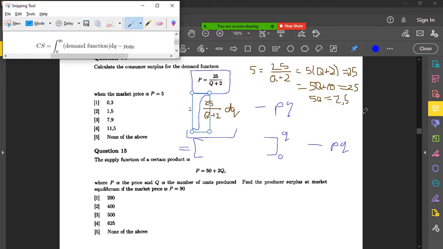No. Oh, sorry, it's 15. Yeah, be careful. Remember, it's plus 10, so it'll be minus 10 on the other side. So 5Q equals 15. Okay, and then Q is 3. So you've got Q as 3.